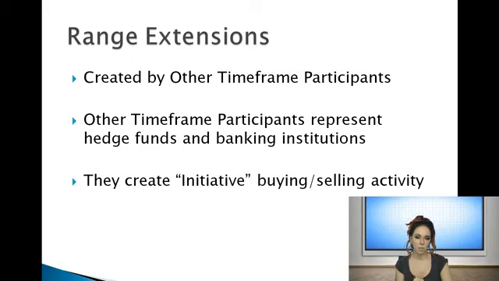Other time frame participants are visible through initial balance extensions. So they're the ones who always extend the initial balance. Okay? As soon as the initial balance is extended, that's the institution stepping in. And then if you have a sustained move that holds outside of the initial balance range, that gives you a very good idea of the intention of the institution, so there's no guessing.